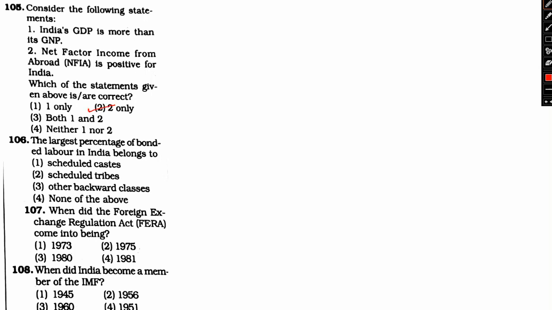Let's take a quick look. Only the second statement is correct. India's GNP is more than GDP. Why? Because GNP is given as GDP plus income from foreign sources.